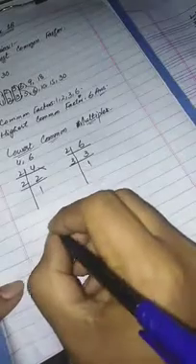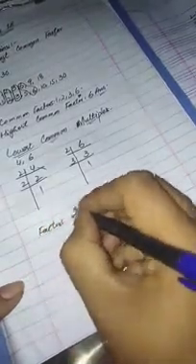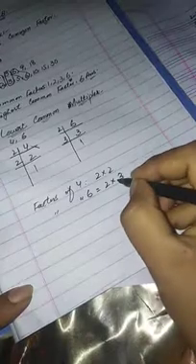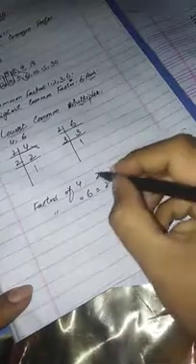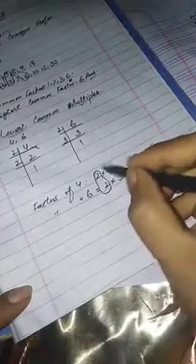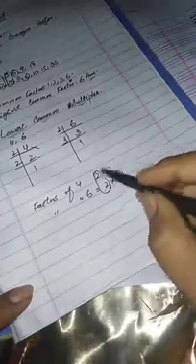Factors of 4 are 2 into 2, and factors of 6 are 2 into 3. Clear? So in this method we will do as we did in the highest common factor.